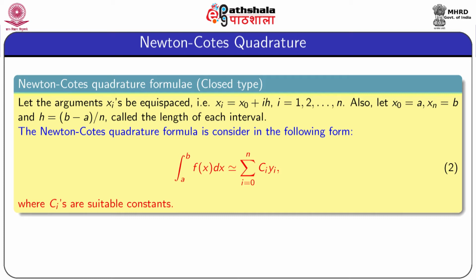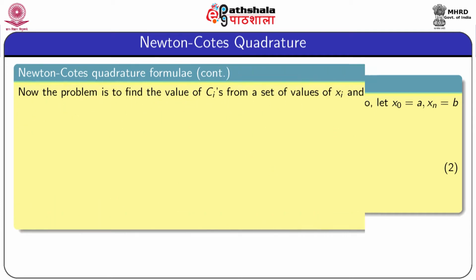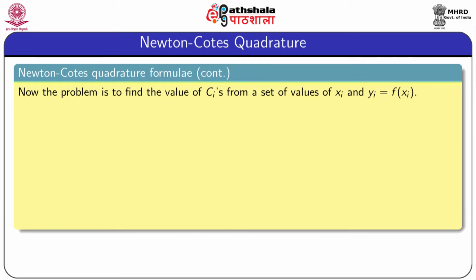That means equation 2 represents the approximation of the integration by a summation, under certain suitable constants c0 to cn. Now our main problem is to find the values of ci in terms of xi and yi, where yi is the value of the function f at the point x equal to xi.